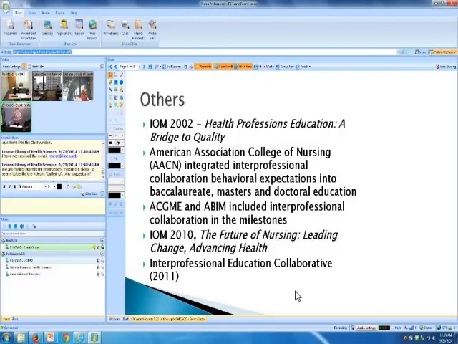So certainly a lot of things are going on kind of simultaneously. HRSA has funded the National Center for Interprofessional Education, which is at the University of Minnesota, and they call their center Nexus. If you haven't seen that or gone to their website, they do have lots of resources.